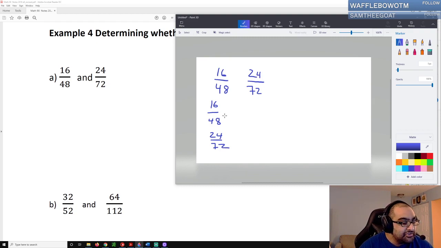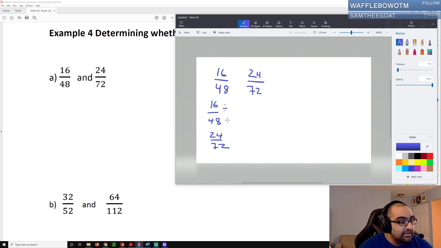So how about 16 over 48? What can we divide by on the numerator and denominator to reduce it down? What could we do? I need to pick a number.